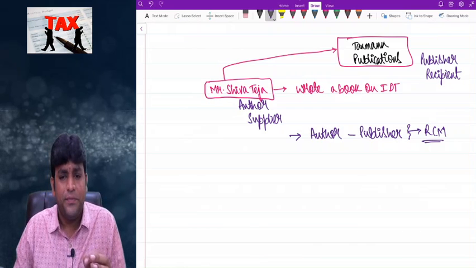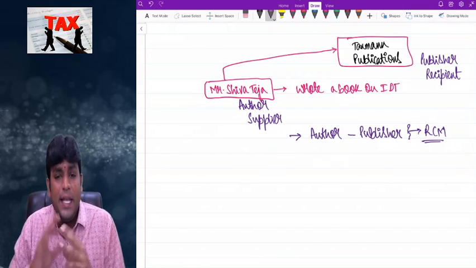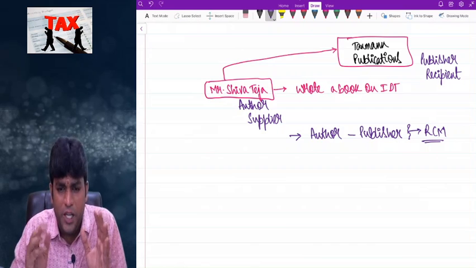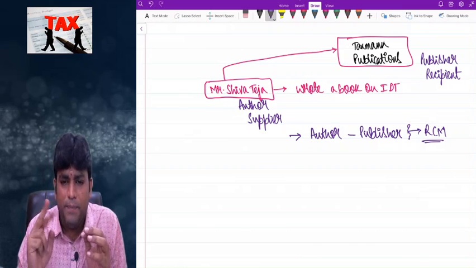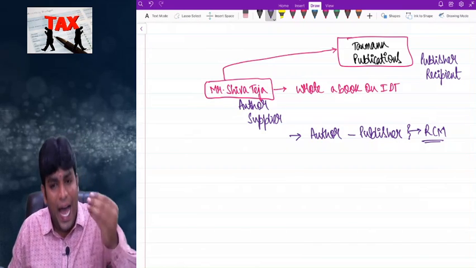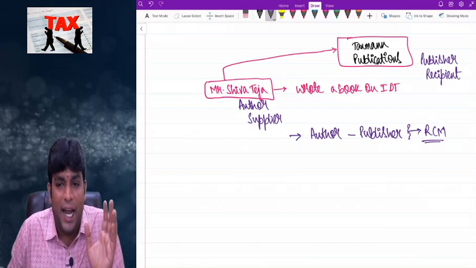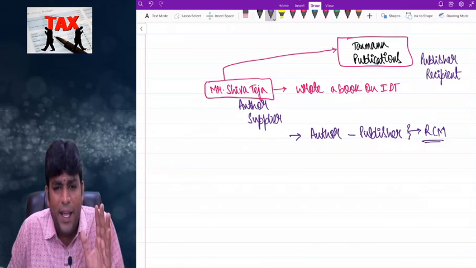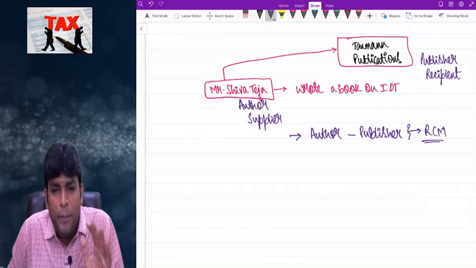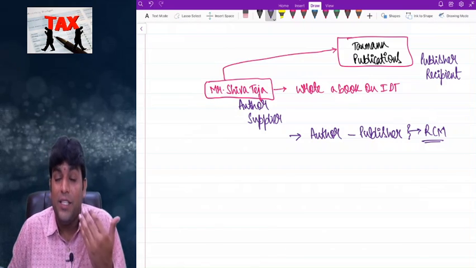That means, I repeat one more time, listen. Services supplied by author to the publisher is covered under RCM. That means publisher is liable to pay GST. However, one clear point is that the supplier or the author can choose to pay tax under forward charge. That is optional.